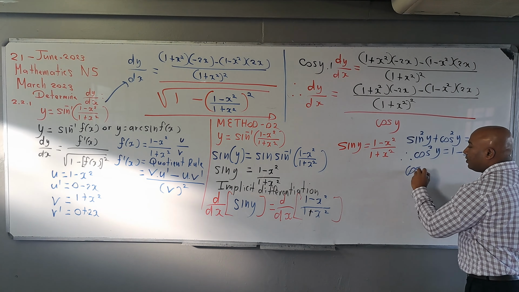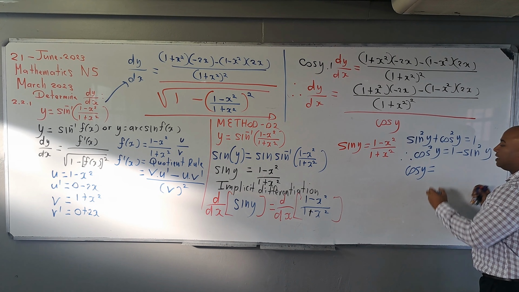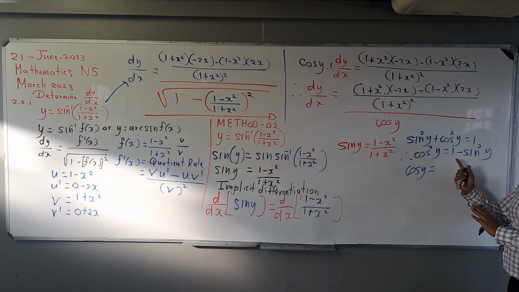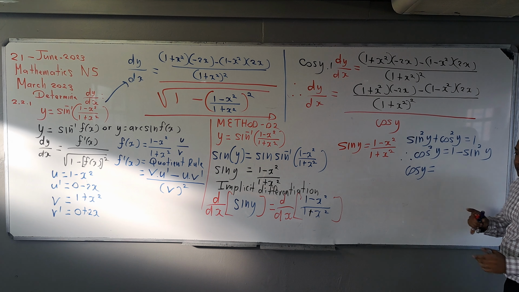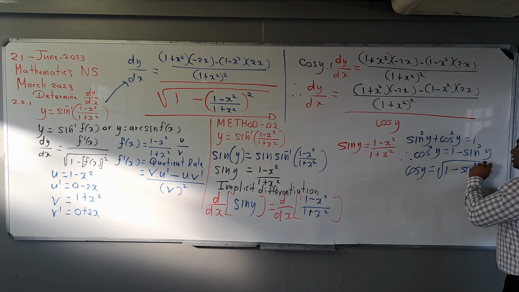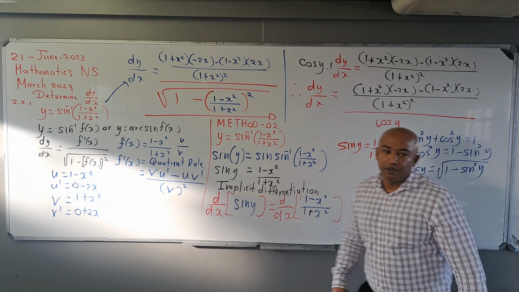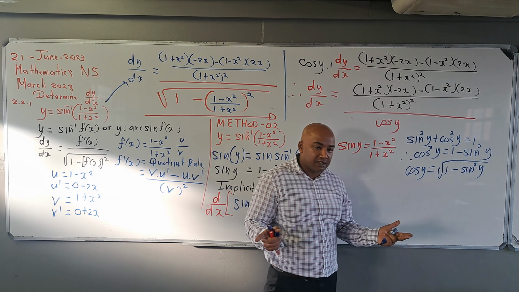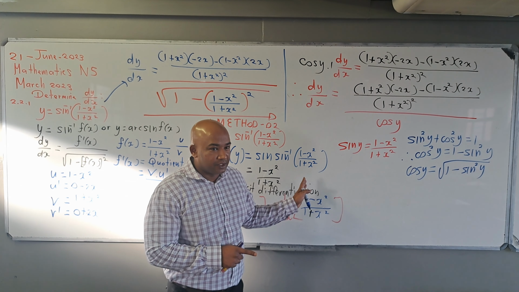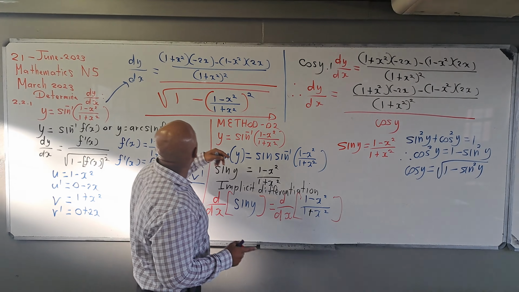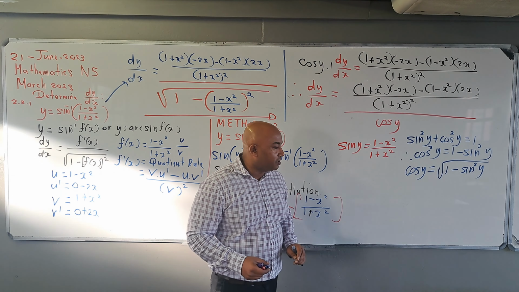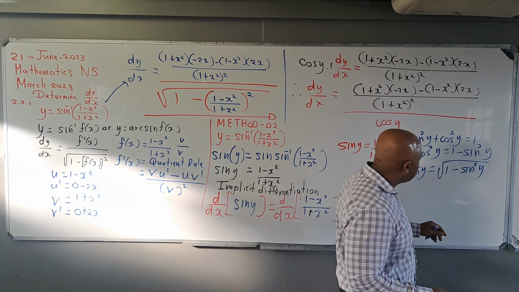So cos y is equal to plus or minus the square root, but we're only taking the positive in this case. We do not have values to substitute. So I'm going to go with the positive square root of 1 minus sin squared y. It's acceptable to take the positive because we do not know which quadrant this problem is in. We do not have any limits to indicate which quadrant we are dealing with. So we're taking the positive.